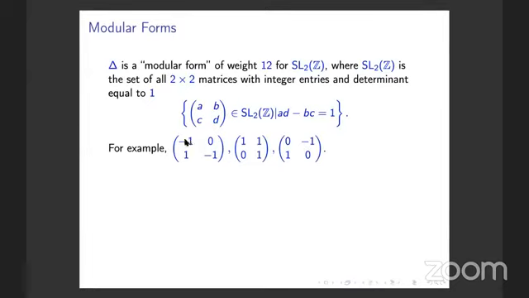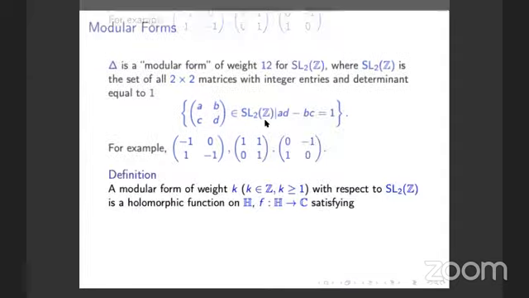Obviously, all of these have the property that the determinant is 1. So these are all examples of elements in SL2Z. Now, SL2Z acts on the upper half plane. That's how the connection comes to a modular form.